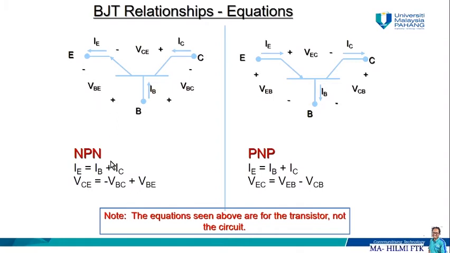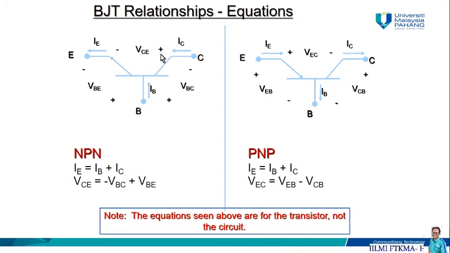So let's take a look at KCL. From KCL we know that IE is equal to IB plus IC. This is for the transistor itself, not the whole circuit. And then we can also find it using KVL. IE is assuming a node, and for KVL we assume a loop.